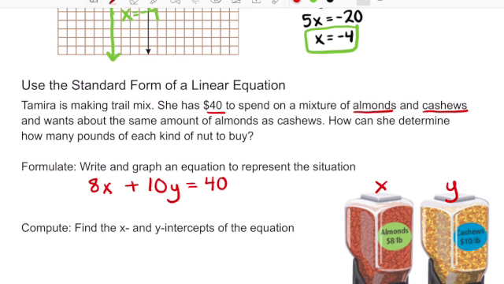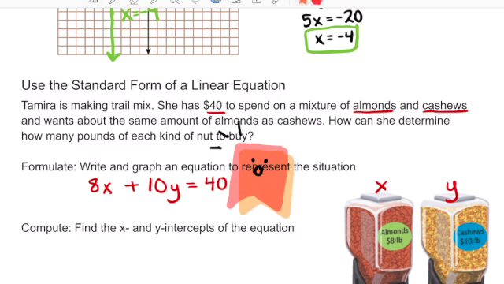Okay, to graph it, it's easiest when we're in standard form to find the intercepts. So we will find the x and y intercepts by plugging in 0. So for 8x plus 10y equals 40, if I want to find the x-intercept, I would cover my y term.